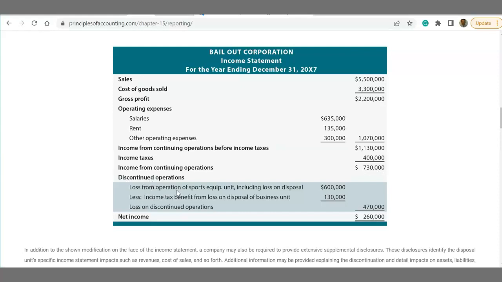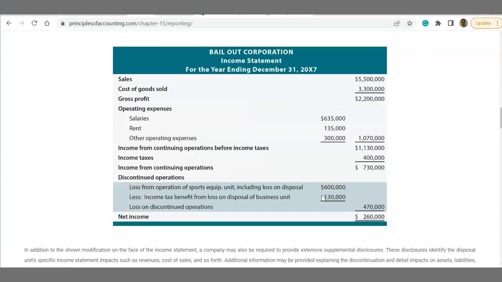Loss from operation of sport equipment units, including loss on disposal of that operation, and that's $600,000. And immediately below that, less income tax benefit from loss on disposal of business unit. If you have a loss here, a loss will provide an income tax benefit, right?